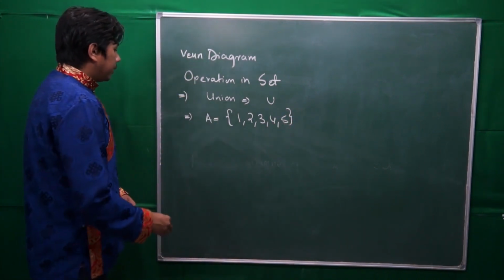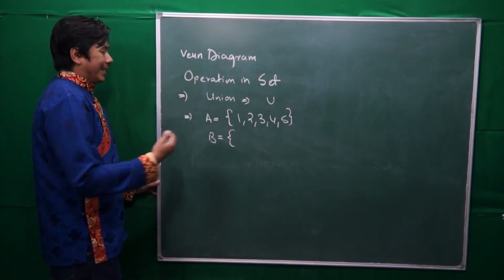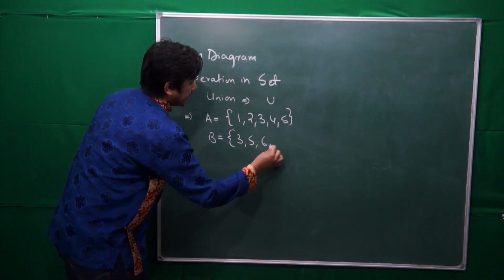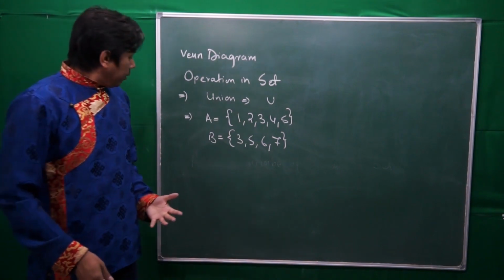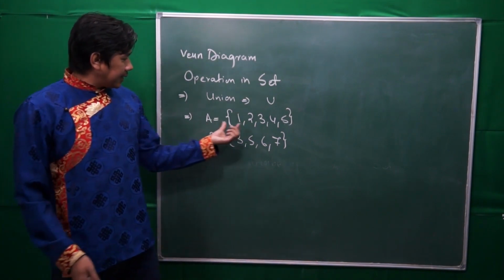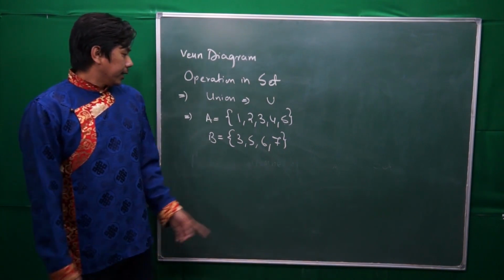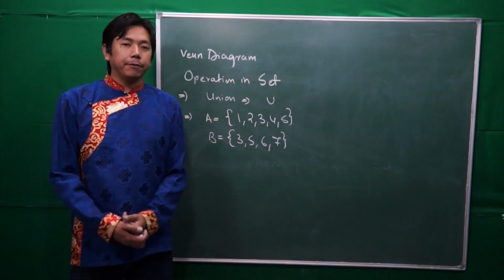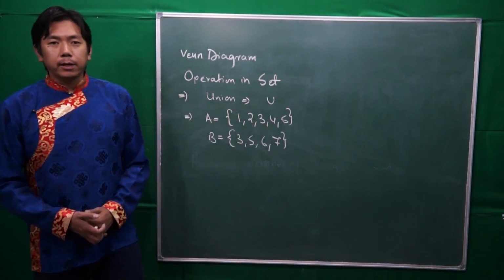Similarly, we have set B, which has the elements 3, 5, 6 and 7. Looking at the structure of sets A and B, we see certain common elements: 3 and 5. The rest are different.